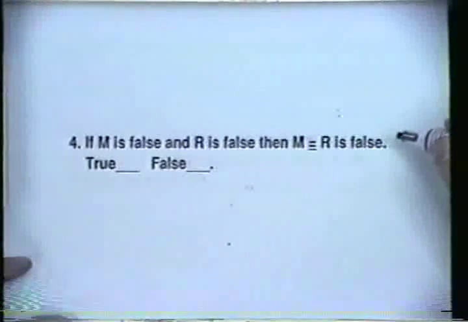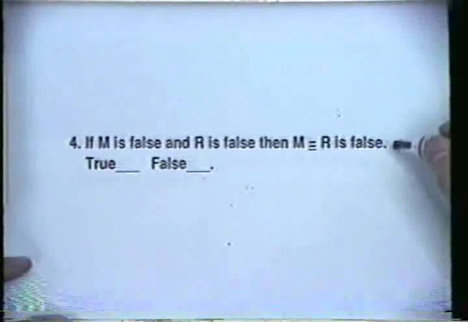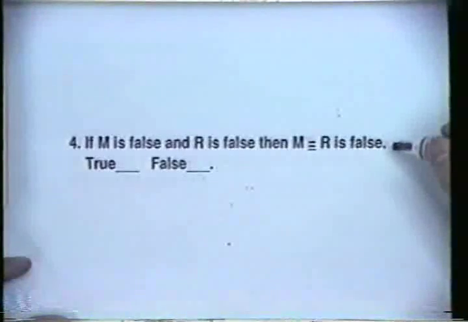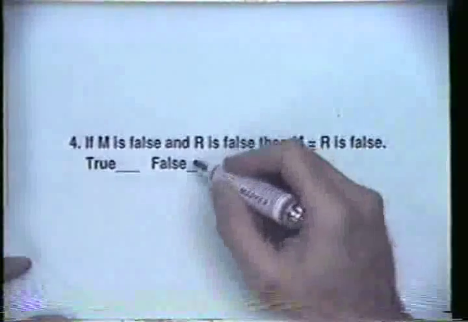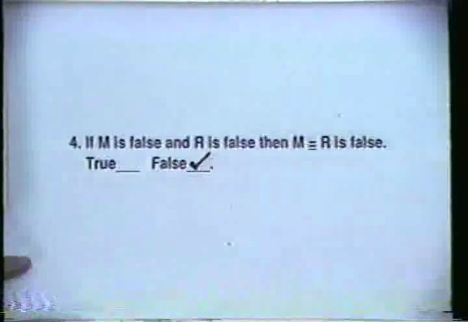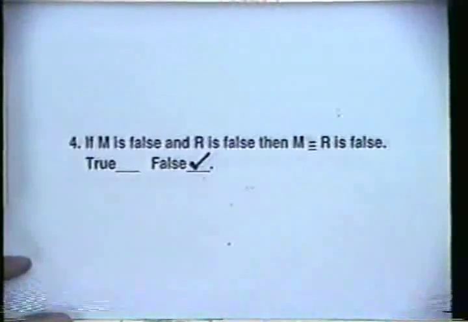And one last true-false question. If M is false and R is false, then M, if and only if R, is false. Well, the correct answer here is that this is false because, remember, with the biconditional, what you're trying to do is state an equivalence.